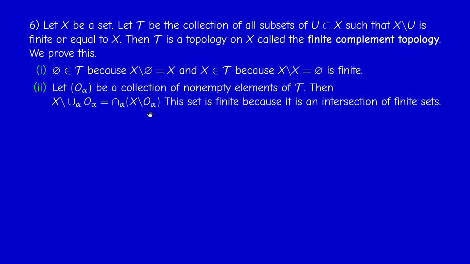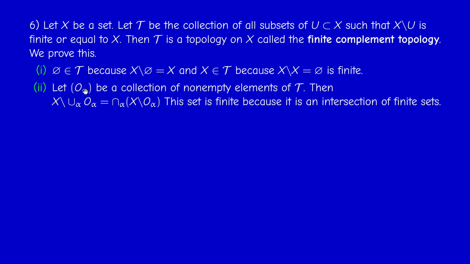Okay, so of course here we can assume that none of them is empty, because if one of them is empty, we can remove it from the collection. It doesn't change the union, right? So we can consider a smaller collection. We remove the empty sets. So we can assume that actually none of these elements is empty.